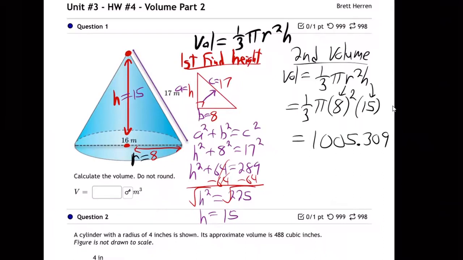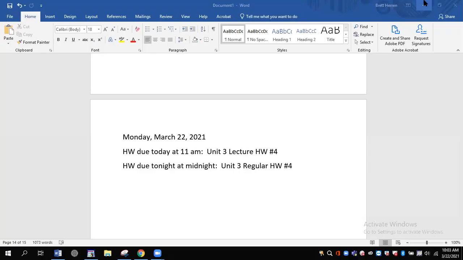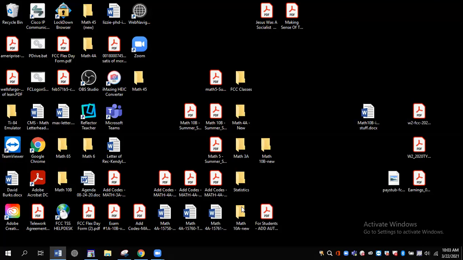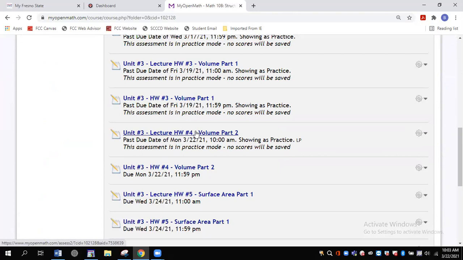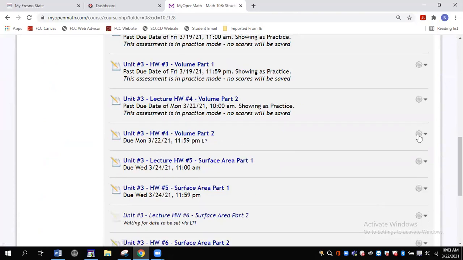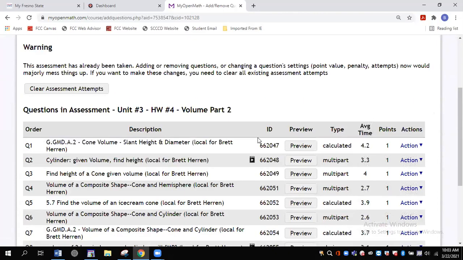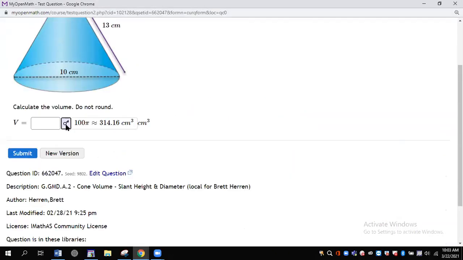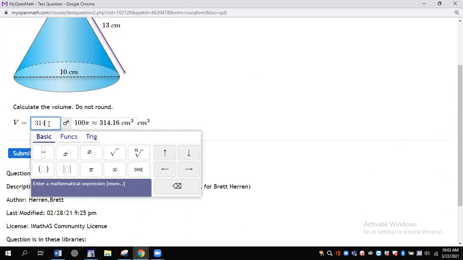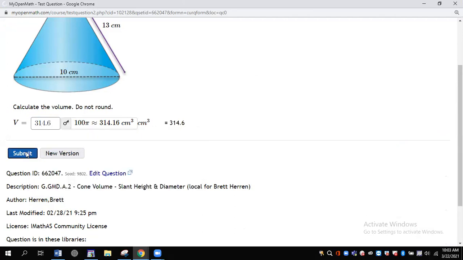Oh, they say calculate the volume, do not round. What do they mean, do not round? Do they want a decimal? Let me go check and see what they want here. Do not round. Let me see. So get that on my screen. It says do not round. Well, if I go 314.16, submit it.